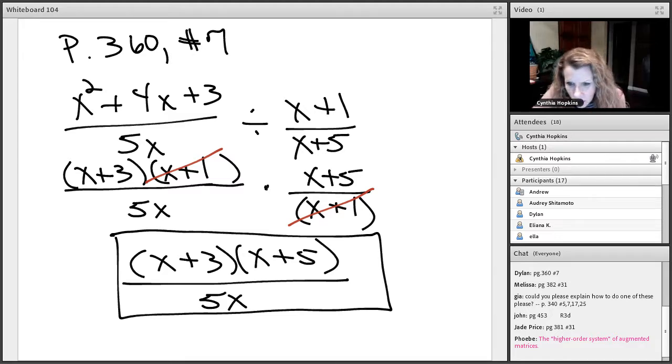The higher order system. Okay, so yeah, you mean 3 by 3. All right. And let me, not giving me a page number. I believe that's chapter 4. Yes, it is.